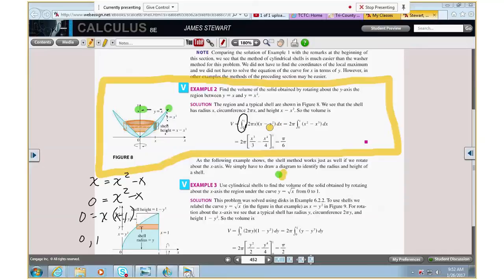Not the radius. The x is the radius. It's the what? The height. Look at right there. See that? The area here is going to be the height. Now, how is that going to play into work? It's going to play like 99% into work, because you're going to see when we get there.